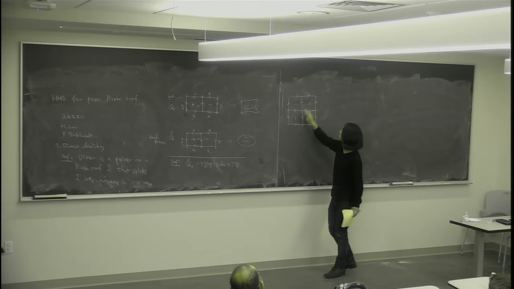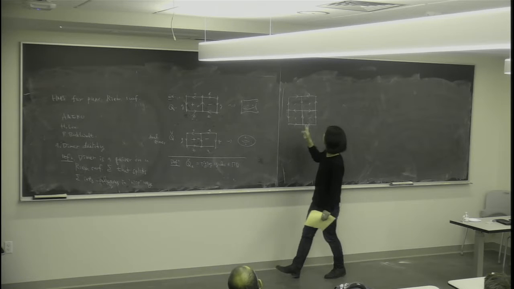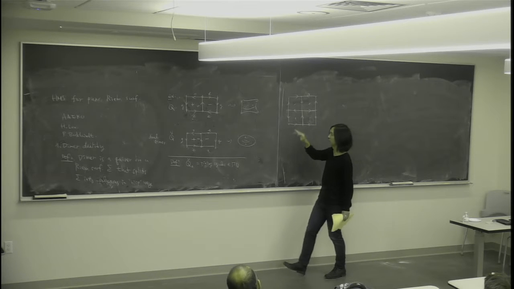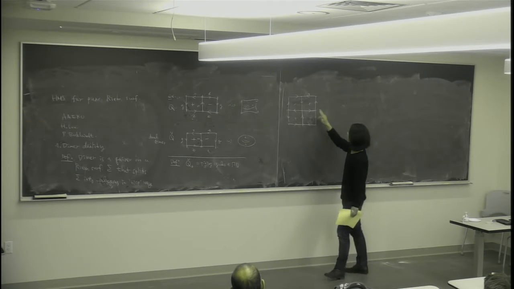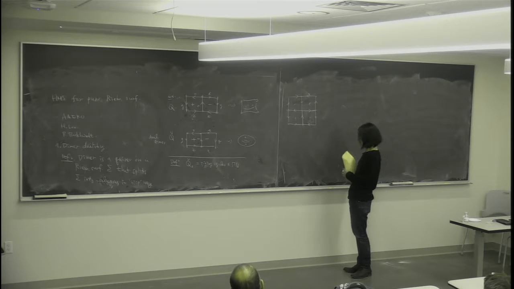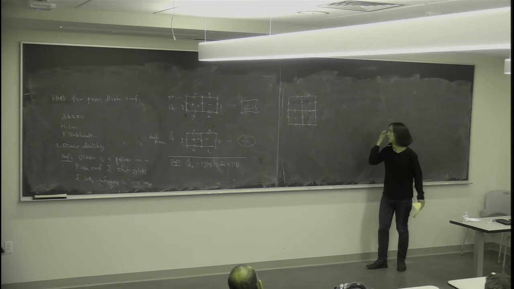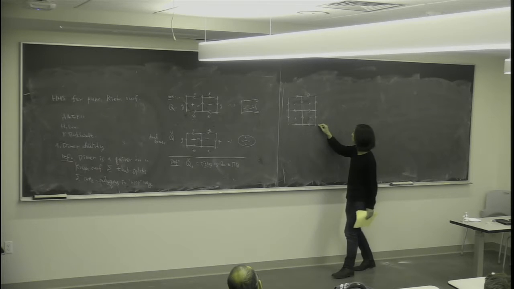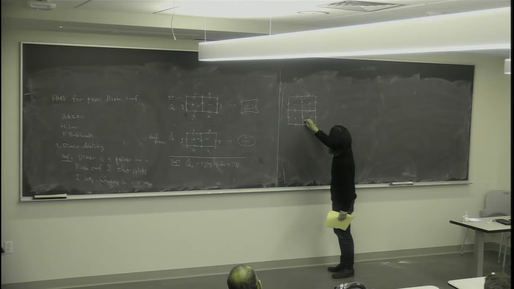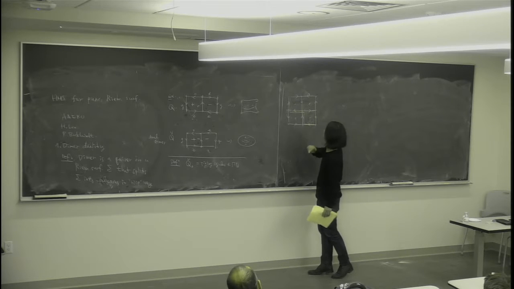So these two are the same point. As I said, this is a double cover of this picture. So this kind of thing is called a zigzag cycle. And there is actually one more, which starts from here, the same point, but you first go along the negative phase. So you go this way, and then you go along the positive phase and the negative phase, and then you come back.